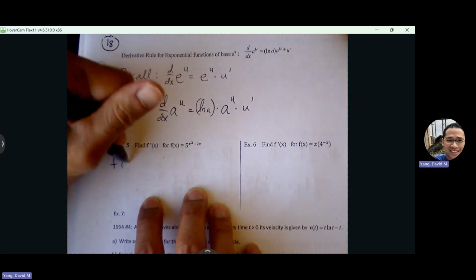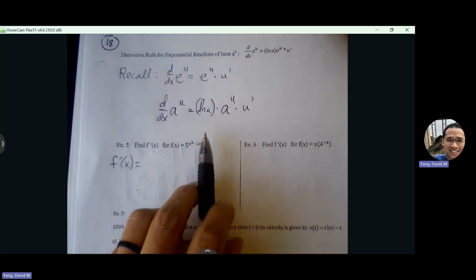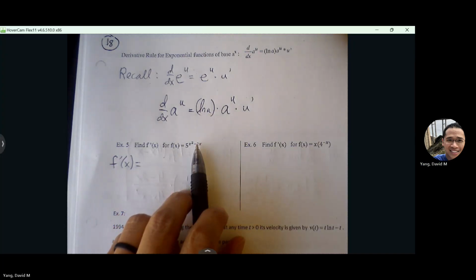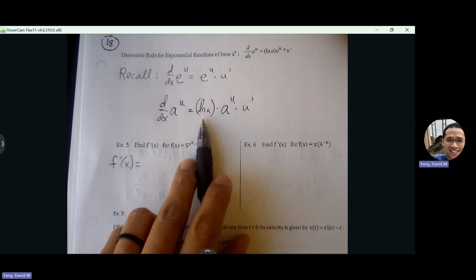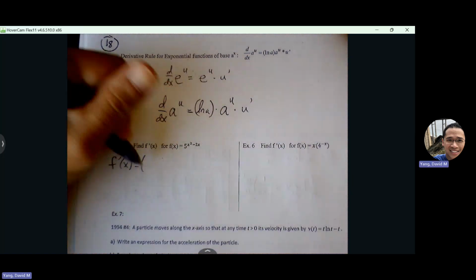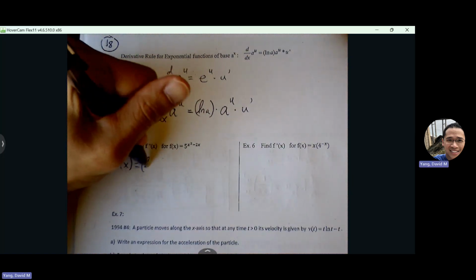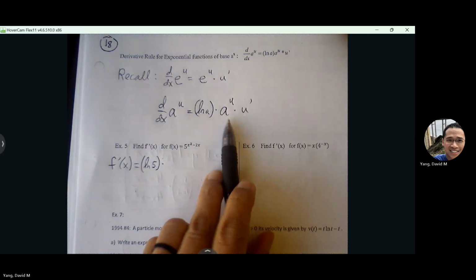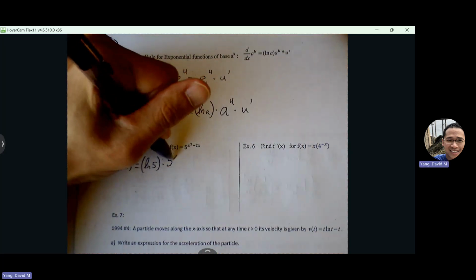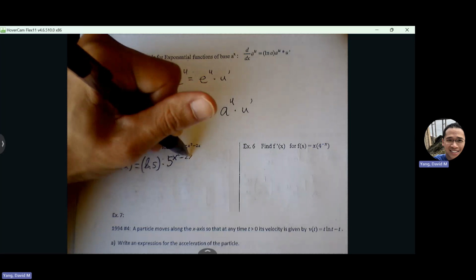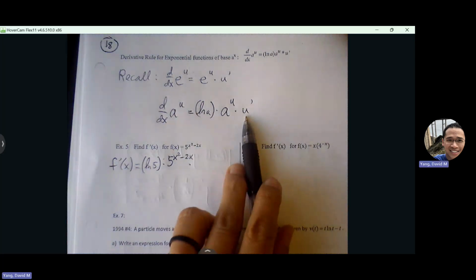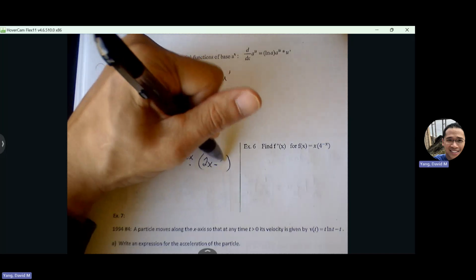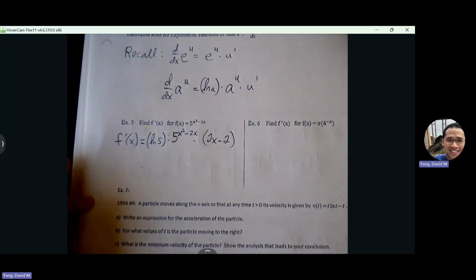So f prime is equal to, what do we start off with? What's first in our derivative rule? Yeah, ln of 5. And then times the original function, exactly as you see it, and I'll put that in parentheses as a reminder that it stays together.